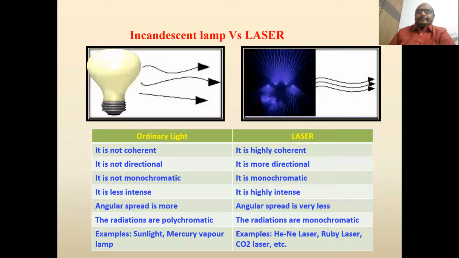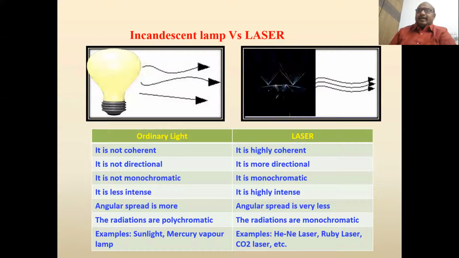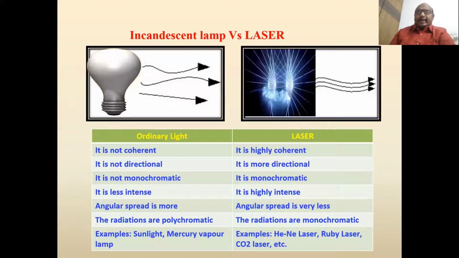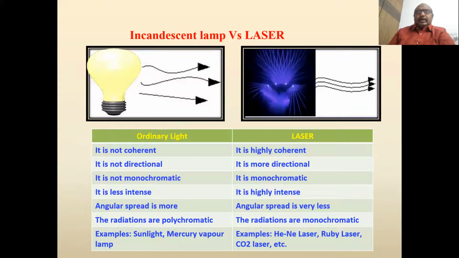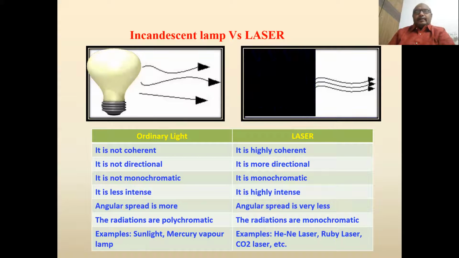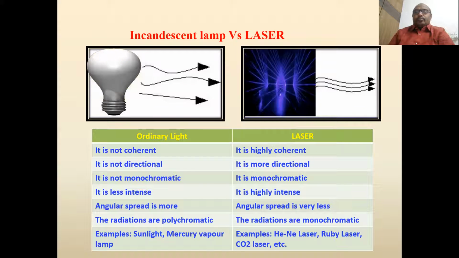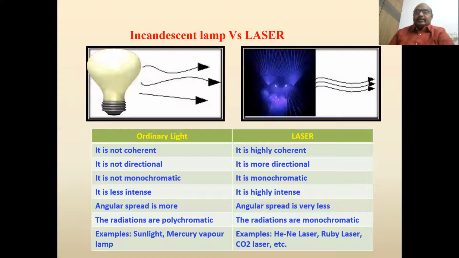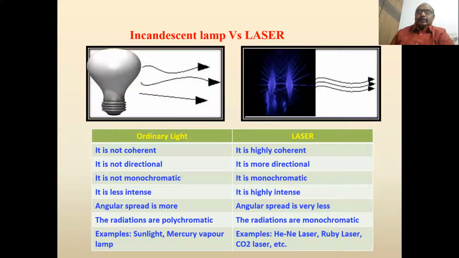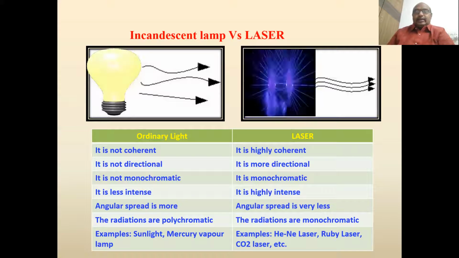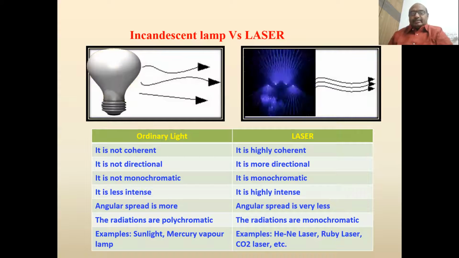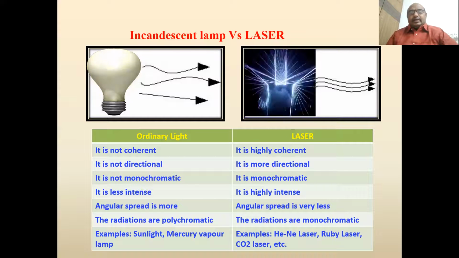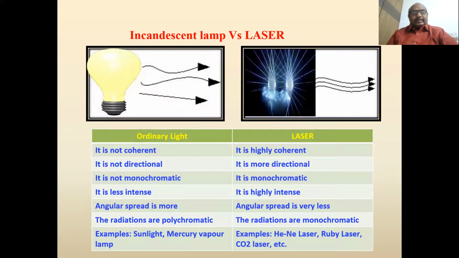Laser light is highly coherent, more directional, of high intensity, and monochromatic. The angular spread is very small. The radiations are monochromatic. Examples are helium neon laser, ruby laser, CO2 laser, and so on.